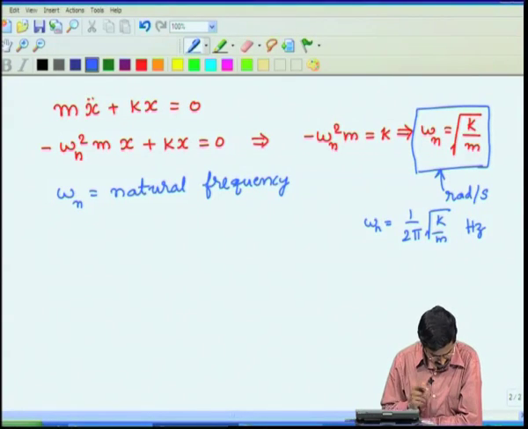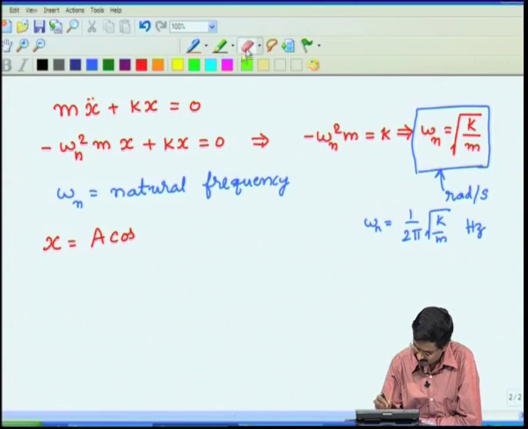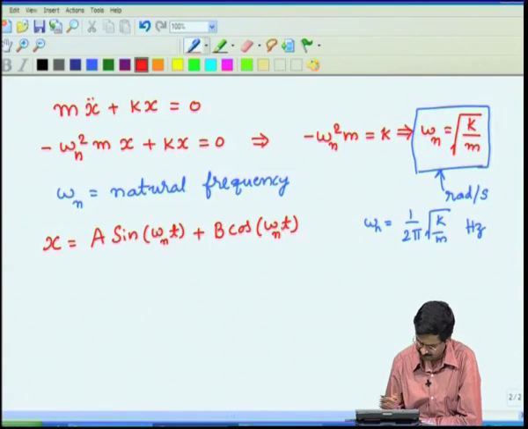Now, if you want to determine these constants that we had, if we recall, we had x equal to a sine, not cosine, we had used a sine omega n t plus b cosine omega n t.